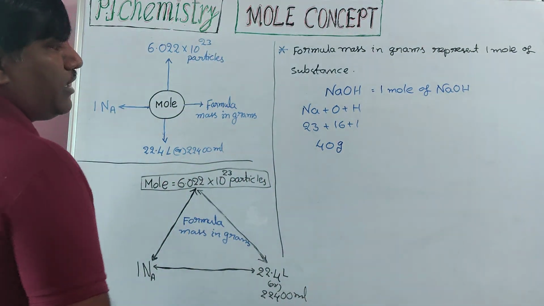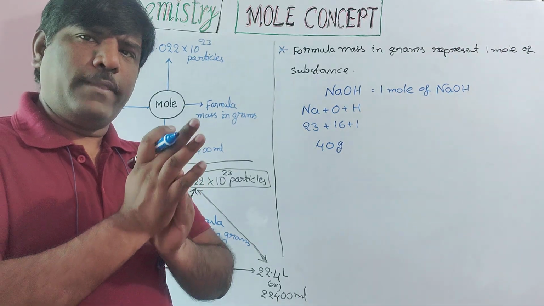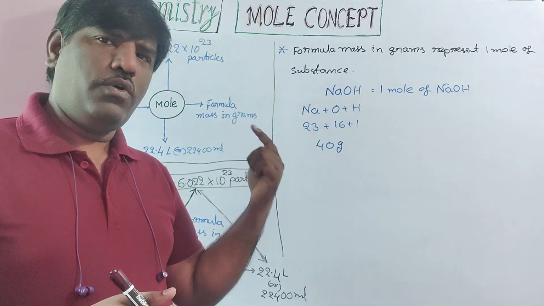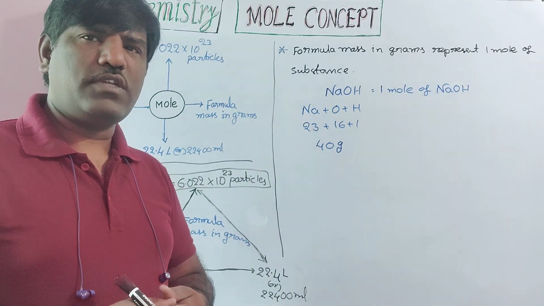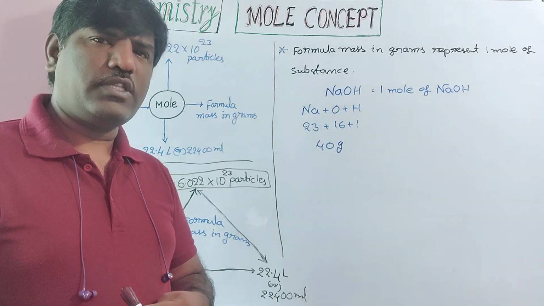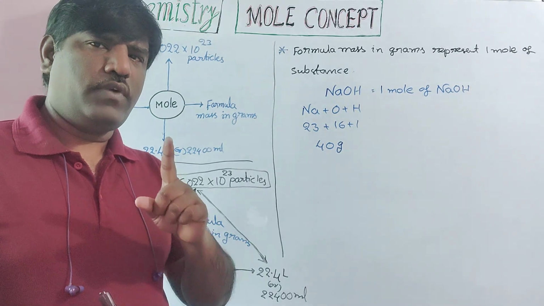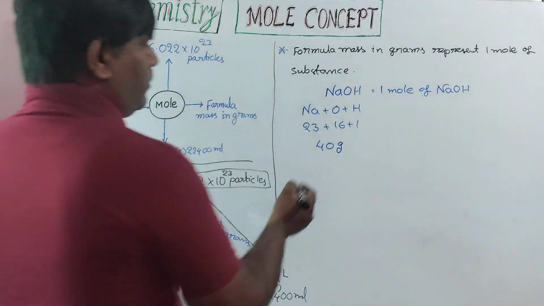Grams we mention directly because 1 AMU value is 1.66 into 10 to the power of minus 24; if you multiply that by 6.02 into 10 power 23, you will get 1 gram.